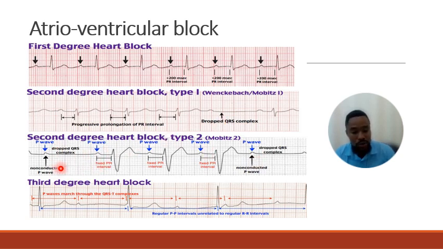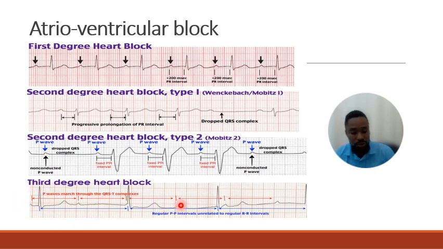In second degree type 2, the PR interval is prolonged but it is fixed, just like in first degree. But the difference is that there will be a drop in QRS complex. Now in third degree heart block, you don't have a good relationship between the PP and the RR interval.